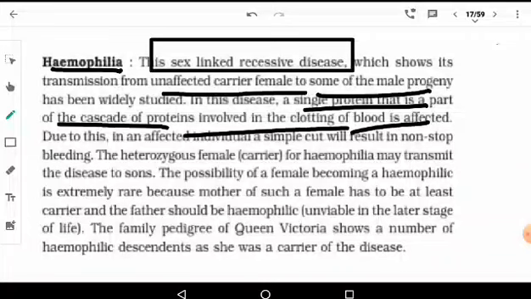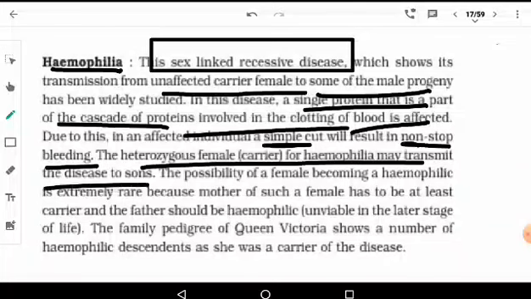As a result, this person will not have a proper clotting mechanism, and due to this, a simple cut can result in non-stop bleeding and can ultimately even lead to death of the person. The heterozygous female, that is the carrier for hemophilia, may transmit this disease to sons only, and that is why it is known as a sex-linked recessive disease.